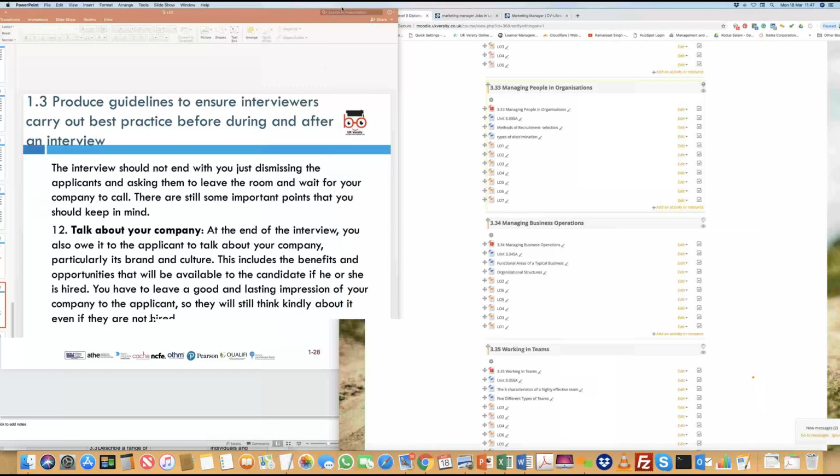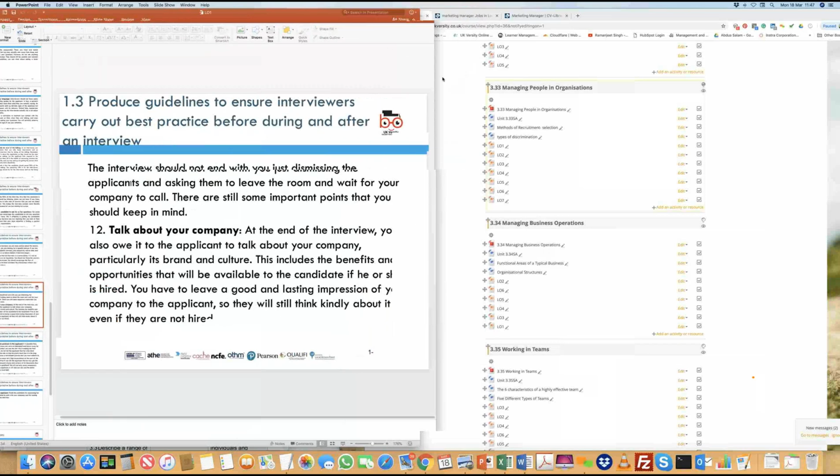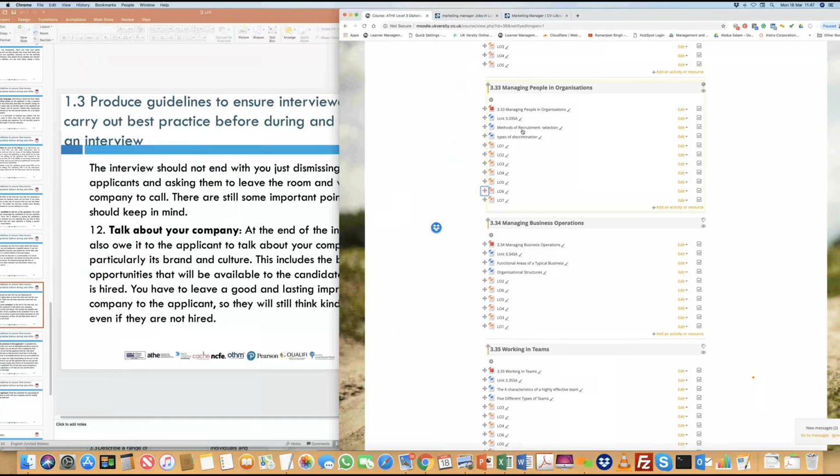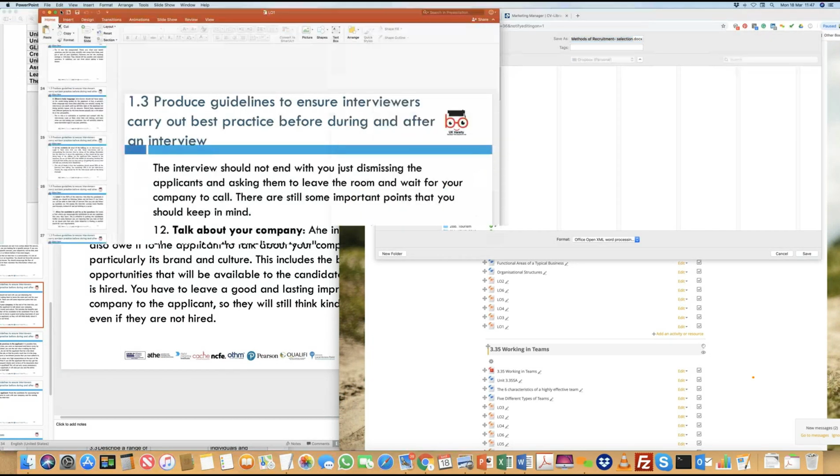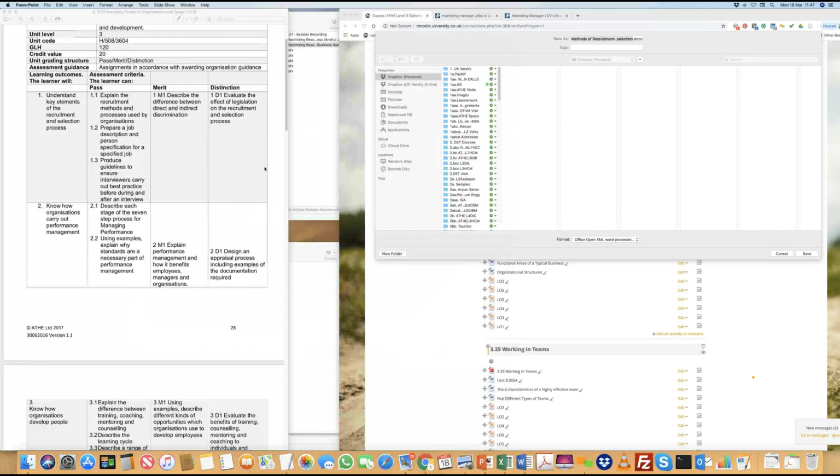And what I'm going to do is add on. I've added some clear handouts. One is methods of recruitment and selection. This is something which is going to be quite useful because it is directly related. To just close the presentation for a minute. It says explain the methods of recruitment and selection used by organization.